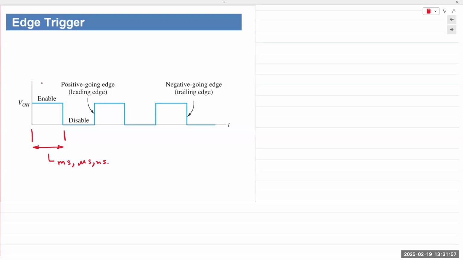For that reason, a new development was made, and it resulted in something known as edge triggering. The edge trigger refers to the transition between two different levels.